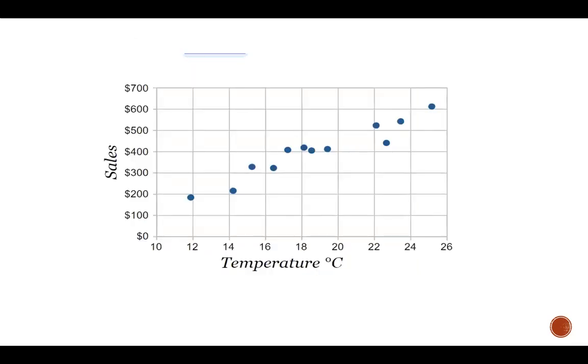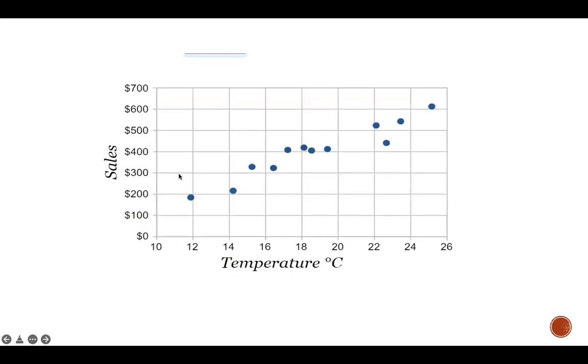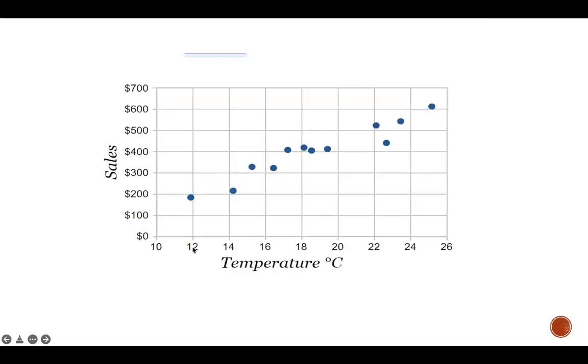We take temperature on our x-axis. Let's start with the minimum temperature range: suppose the temperature is around 12, then our ice cream sales are 215. So we can see 11.9 and 215, and we can easily plot the points, right?